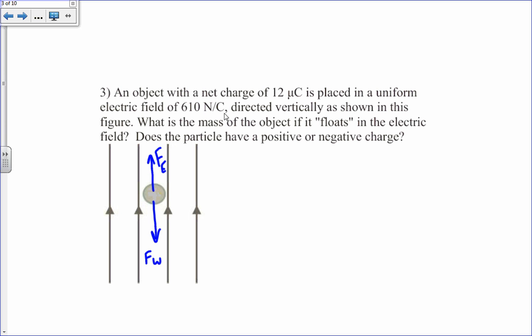In order for this to float, the electric force has to equal the weight force. The electric force is given by Q times the electric field, and it's equal to M times G. All right, so I'm just looking for magnitudes here. I want to know the mass. The mass is equal to Q E over G. That's 12 microcoulombs.